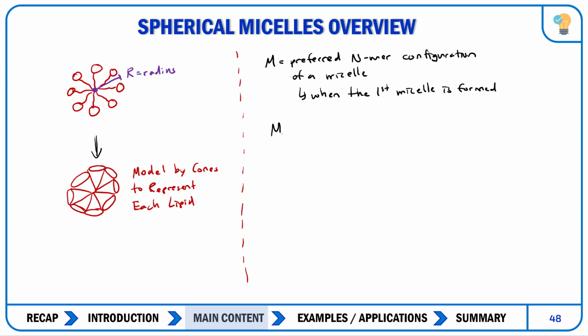Then we define M to be equal to 4 pi capital R squared over A naught, and that's equal to 4 pi capital R cubed over 3 times V tail.